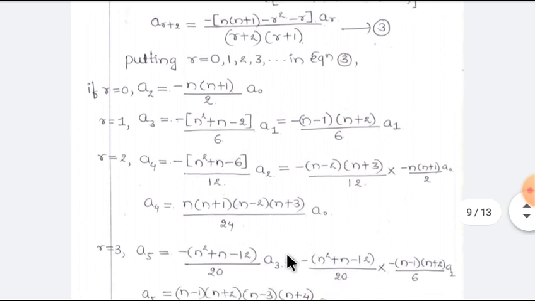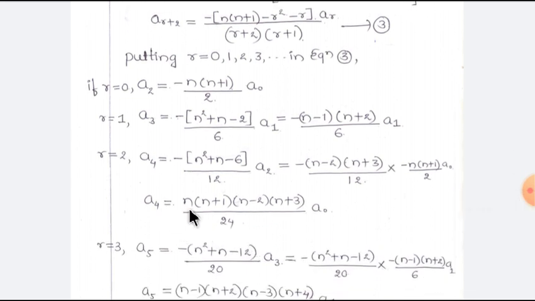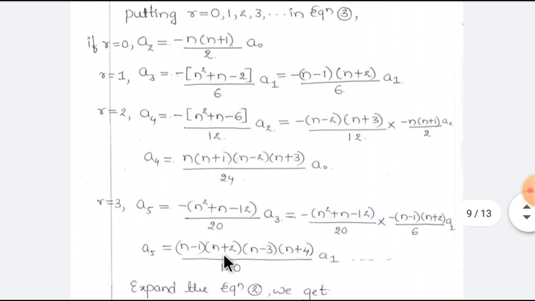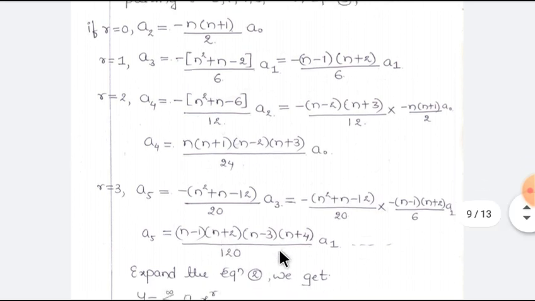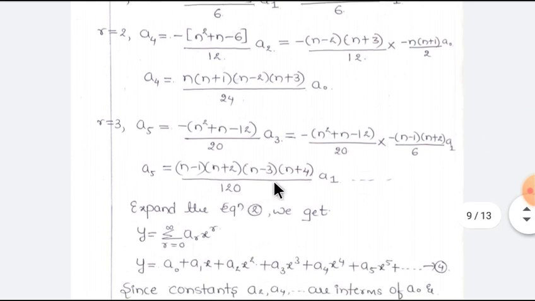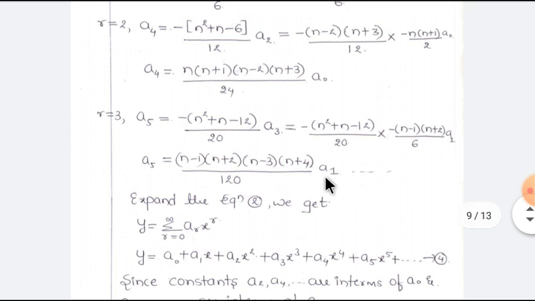Simplify, we get a4 is equal to n into n plus 1 into n minus 2 into n plus 3 whole divided by 24 into a naught. Similarly, if r is equal to 3, we got a5 is equal to n minus 1 into n plus 2 into n minus 3 into n plus 4 divided by 120 into a1.